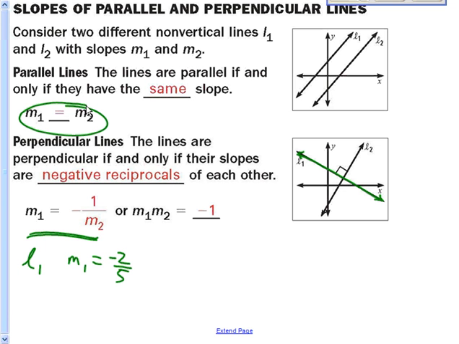Then if these are truly perpendicular, line 2's slope must be the opposite reciprocal. So you flip it, and you change the sign. It was negative, now it's positive, okay? Those two, line 1 is perpendicular to line 2, okay?